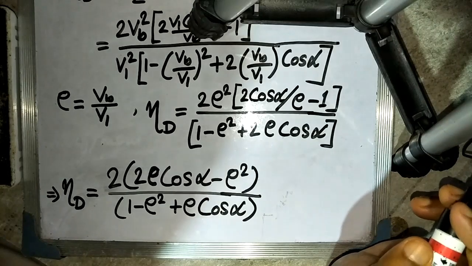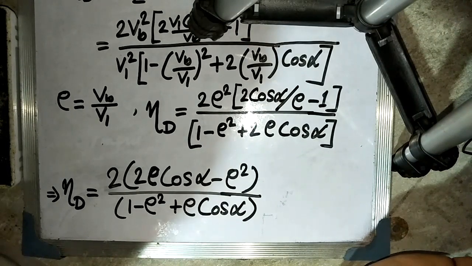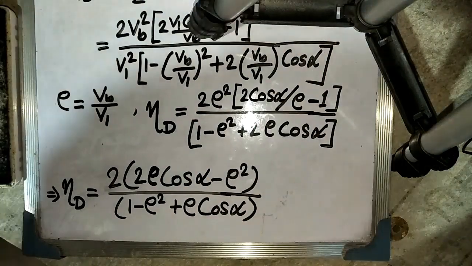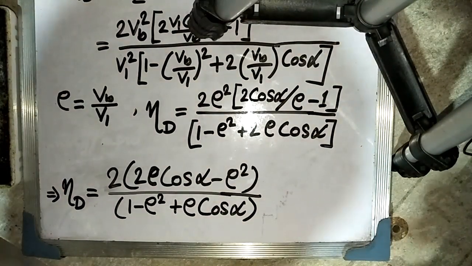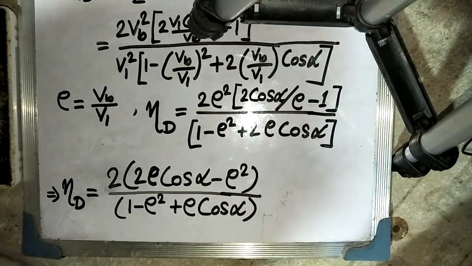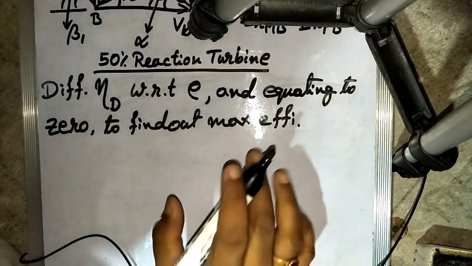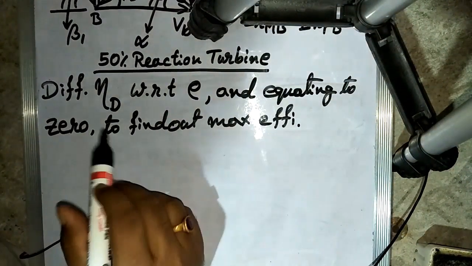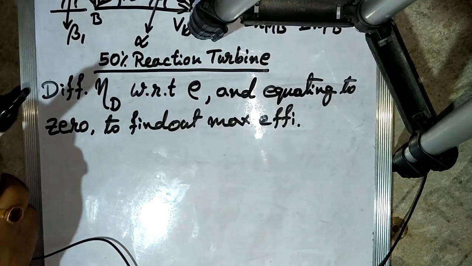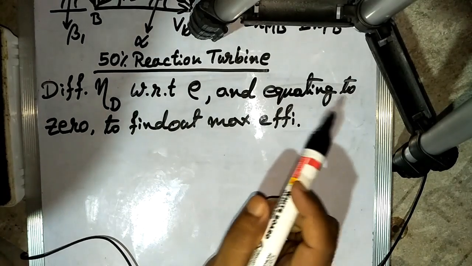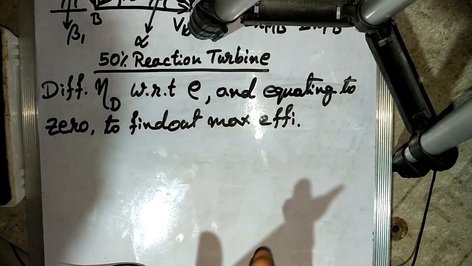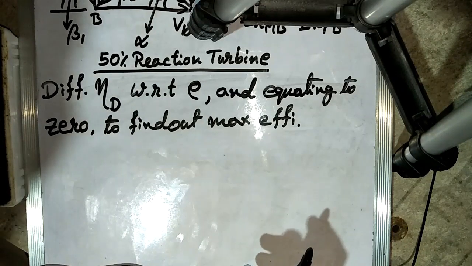Now if we want to find out the maximum efficiency for a particular value of rho, we have to differentiate this diagram efficiency expression eta d with respect to rho and equate it to 0.